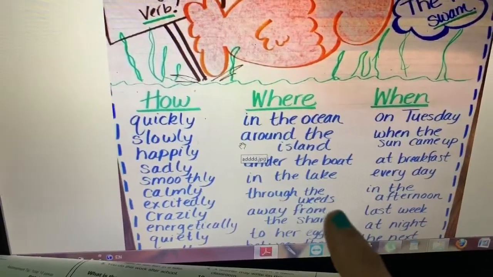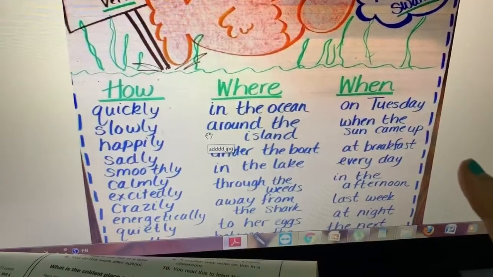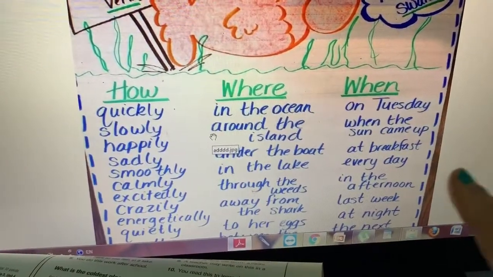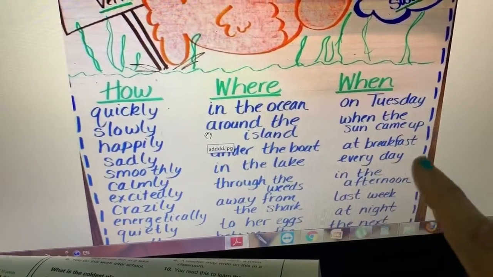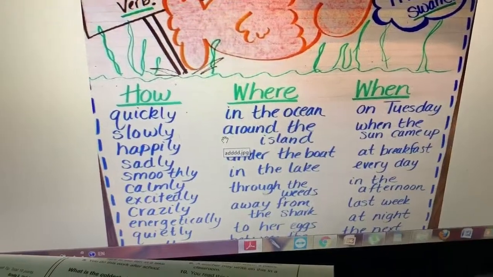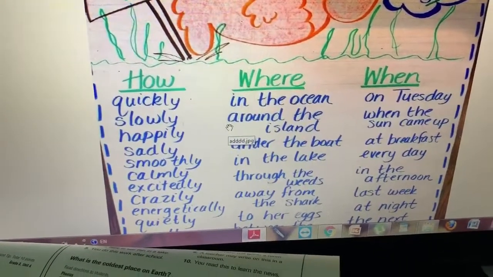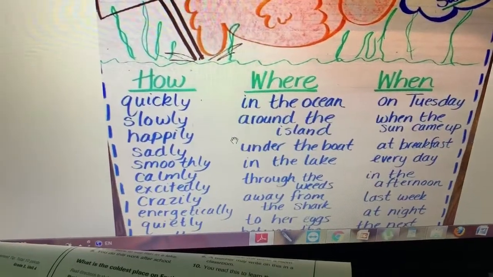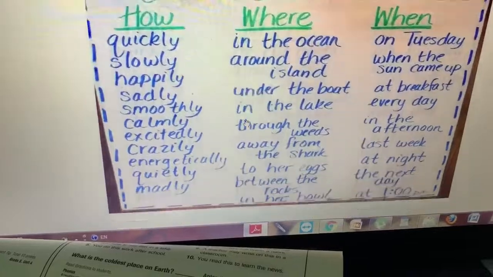We call them adverbs of place. Adverb of time, or adverb of when, like on Tuesday, when the sun came up, at breakfast every day, tomorrow afternoon, at night, in the morning, last week. All these adverbs of time are what we call adverbs of when.